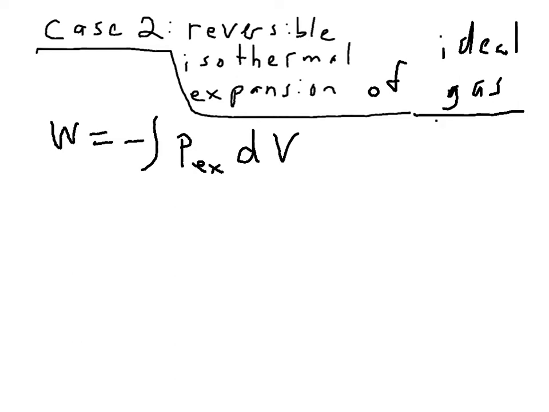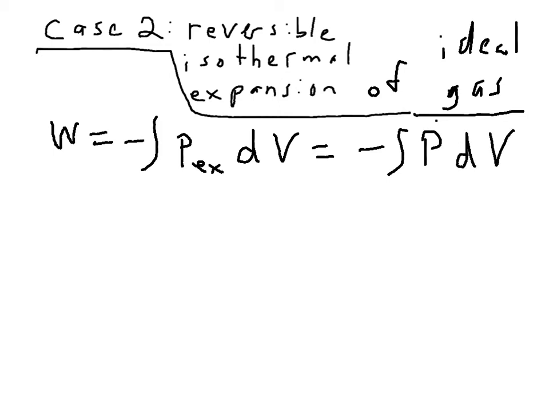We said it's reversible, and if a process is reversible, we know that the pressure of the system, P, and the external pressure have to be the same. If there's a non-infinitesimal difference between those two pressures, then the process is not reversible, it's irreversible. So because it's reversible, we can substitute P for P external.